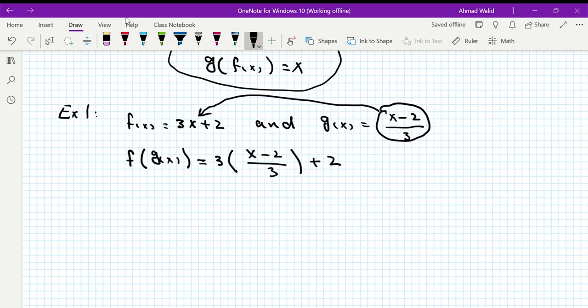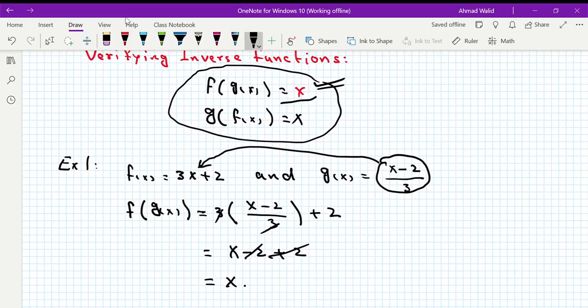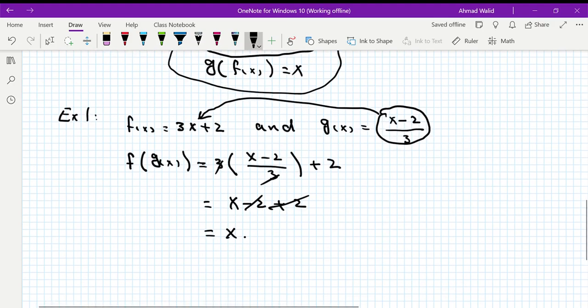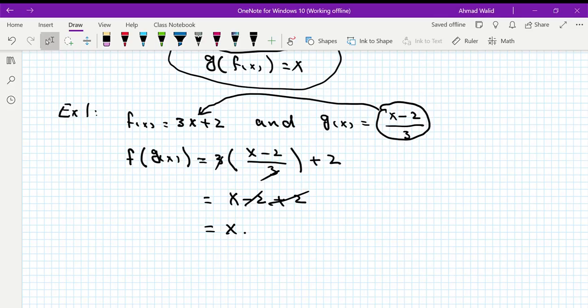Let's simplify. 3 cancels out with 3, x minus 2 plus 2, 2 cancels out with 2. What is your answer? Your answer is x. And what was the condition? f of g of x, the answer becomes x, your functions are inverse to each other. And you see your composition becomes x.